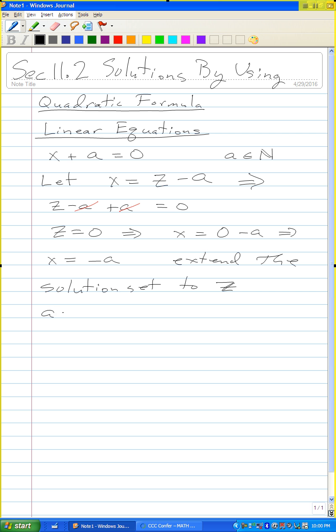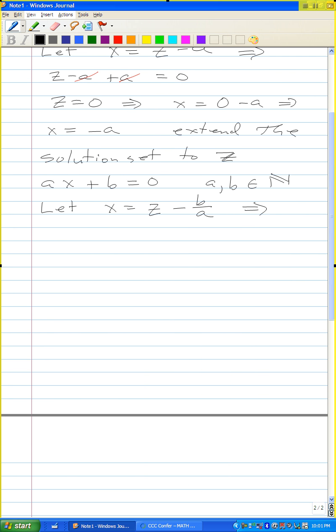In matter of fact, if I look at equations of this type, again, linear equations, ax plus b equals 0, where both a and b are natural numbers, then let x equals z minus b over a. Well, then we have the following. And of course, I'm assuming a is not 0 since a is a natural number.